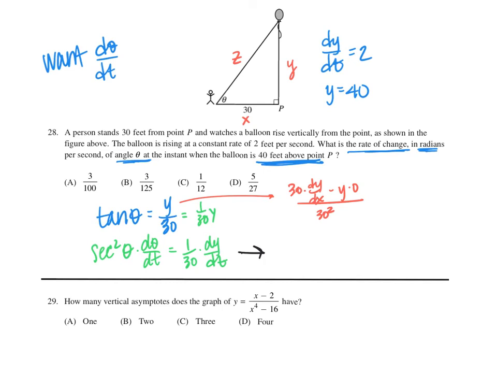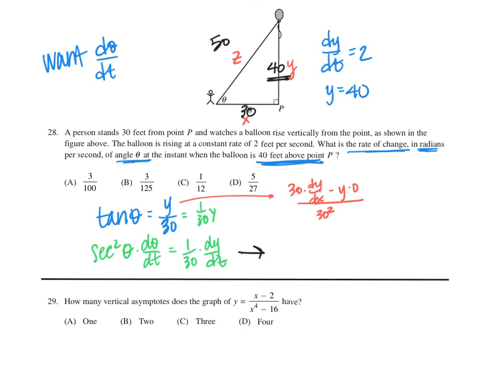If we need to get the secant, it is the reciprocal of cosine. Cosine, I know, is adjacent over hypotenuse. So if I'm looking for the adjacent and the hypotenuse, at this point in time this was 40, and this is 30, so this is a 3, 4, 5, or a 30, 40, 50 triangle.